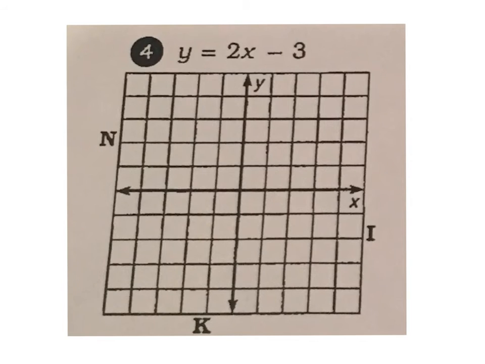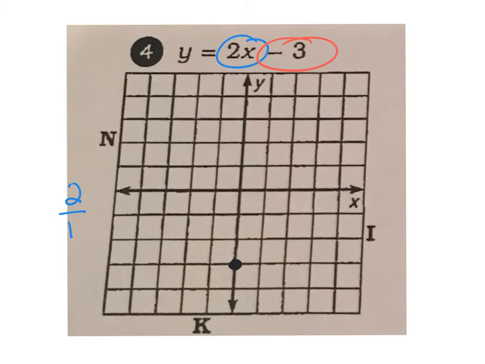Next we have y equals 2x minus 3. So our movement is 2, and we need to think of that as a fraction. So to make 2 into a fraction, it would be 2 over 1. And our beginning value or initial value is negative 3. So if I start at the origin, I'm going to go down 3 on the y-axis, and that would be your negative 3.